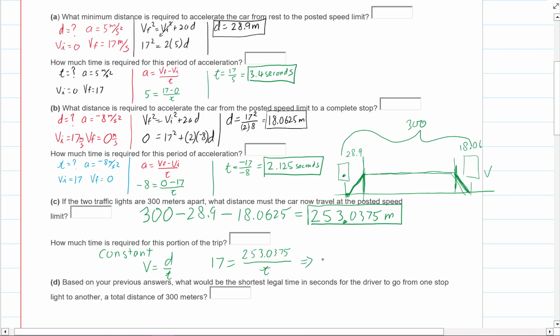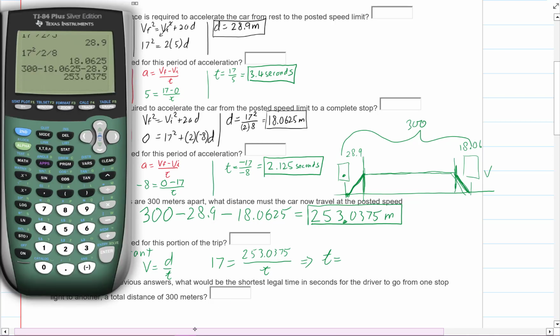So we can calculate t to be 253.0375 divided by 17. And that'll be the time that they have to spend. So I'll take this number and divide it by 17. That's the time they have to spend at the speed limit. 14.88. We'll leave it like that. 14.88 seconds.